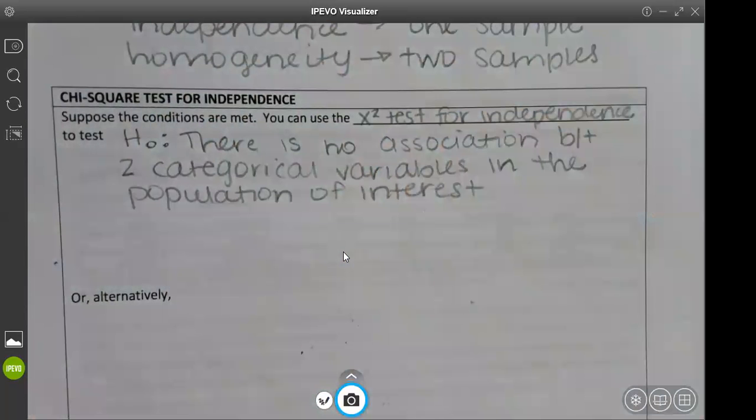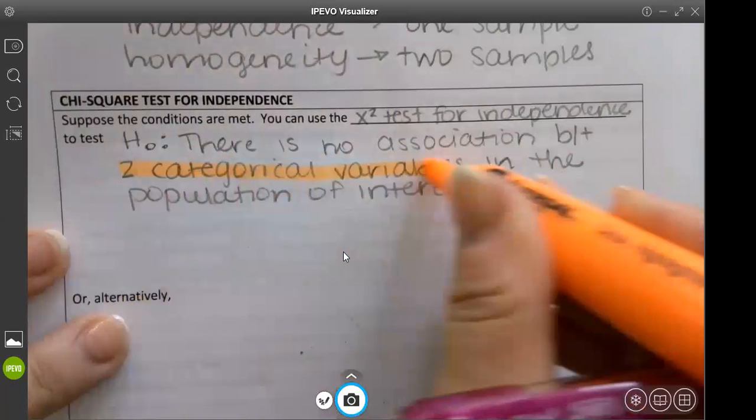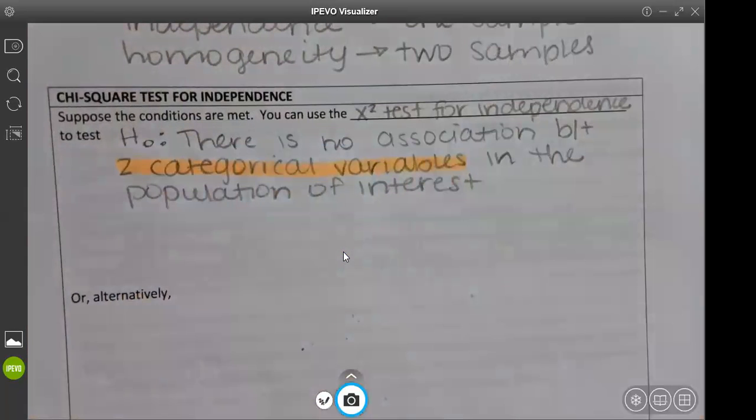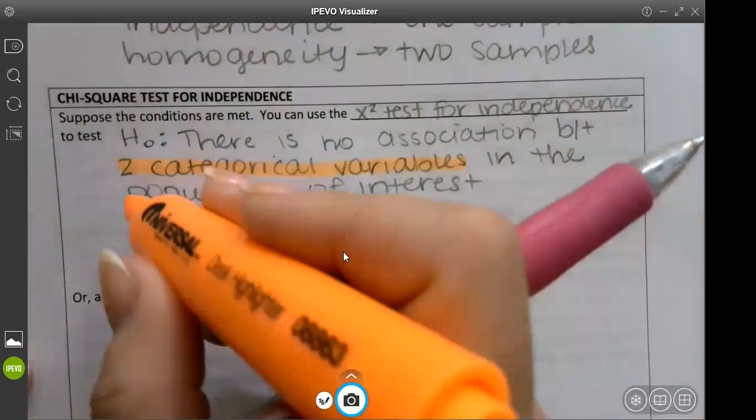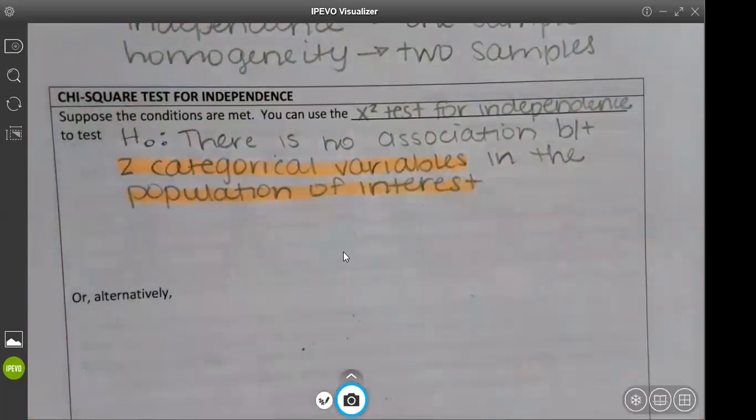So before it was, there is no difference. So homogeneity is the difference. If we look at this, what you're going to change in your hypothesis is you're going to talk about the 2 different variables. And then you're going to tell your population of interest, whether it's high school students, college students, ages 23 to whatever. Okay, so that's what they're talking about. And we'll see that in one of our examples.